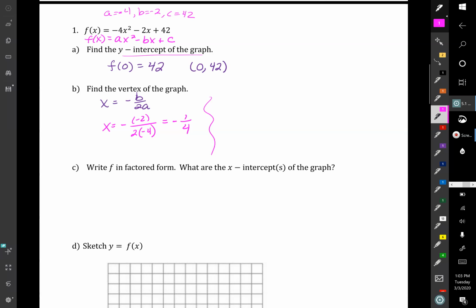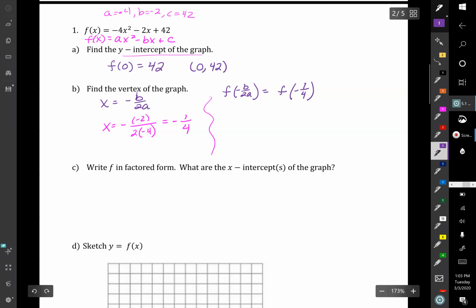Now I need to figure out f of x. So I'm going to want to do f of negative b over 2a, which is f of negative 1/4. I'm just taking that negative 1/4 and putting it into my function.